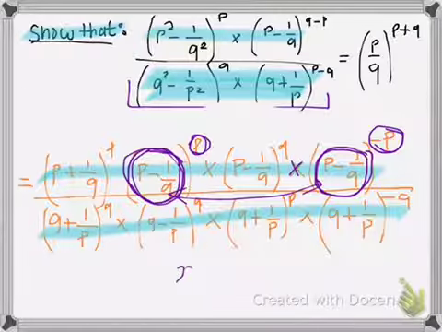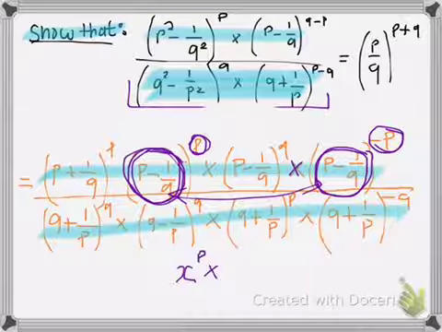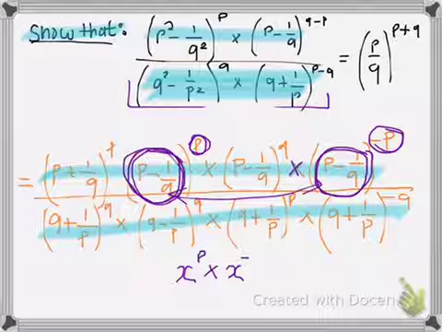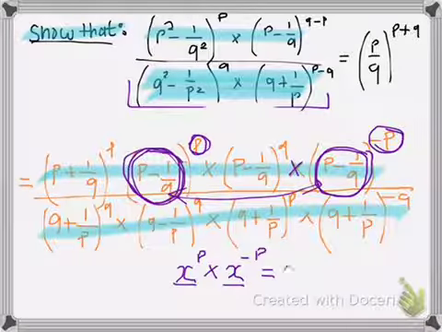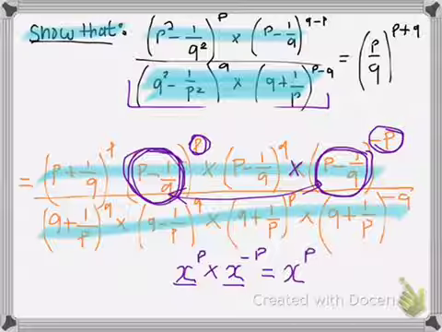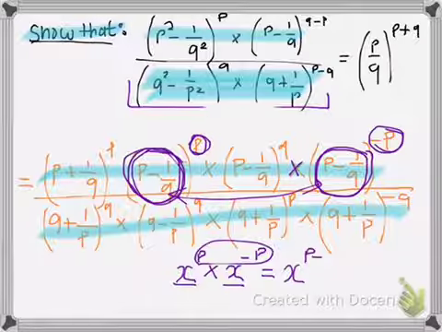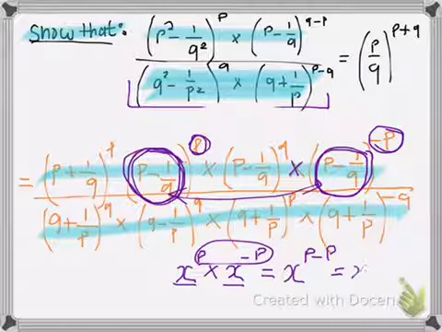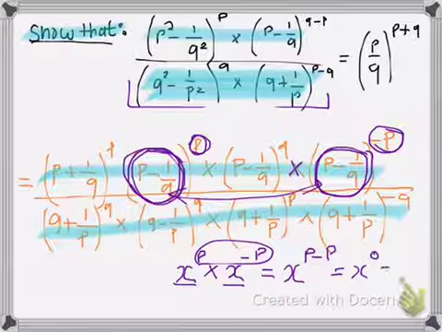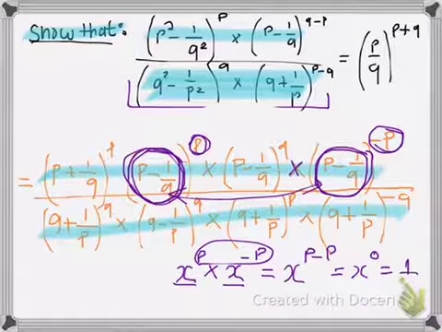So if we've got x with the power p, and another expression which is also x but with negative power, negative p, when we multiply these two terms, the powers get added, but here is a negative sign, so we get x to the power p minus p, which is 0, so x to the power 0 is 1.